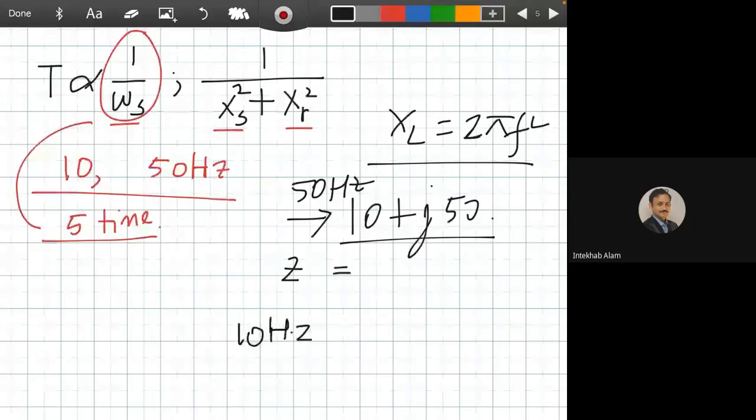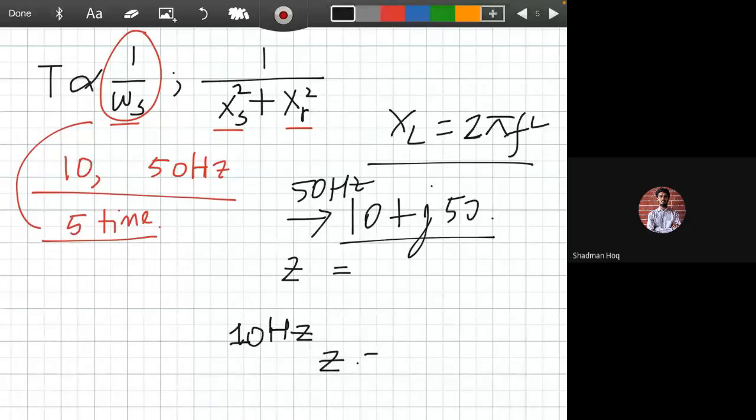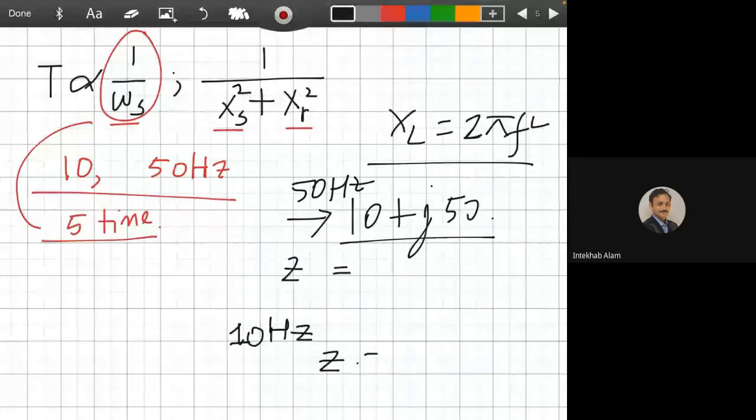Salsabil Faria, if the frequency is 10 hertz, then what will be the value of Z? Yes, you have to work for 50 hertz and Salsabil Faria will work for 10 hertz.